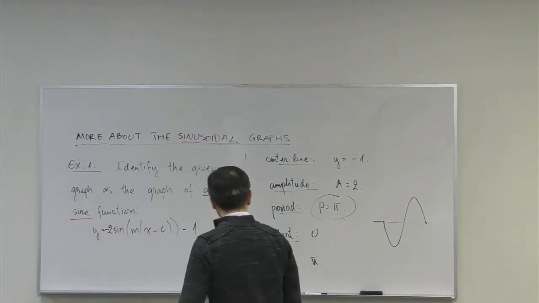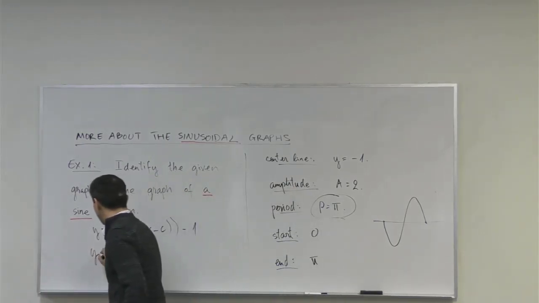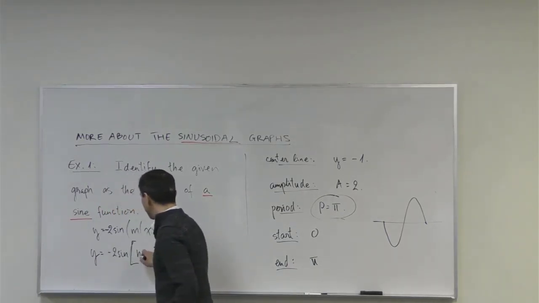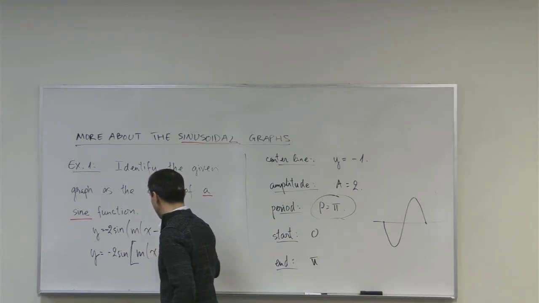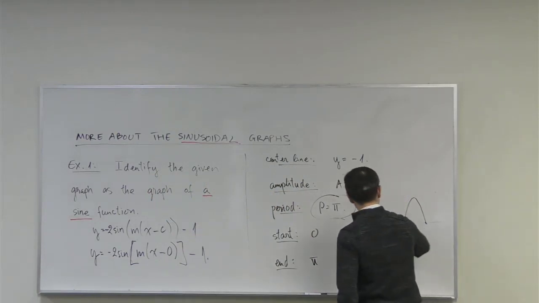And then in my next step, I can start at 0. So y equals negative 2 times sine of, let's use brackets here, m times (x minus 0), minus 1. Then I do the same math.